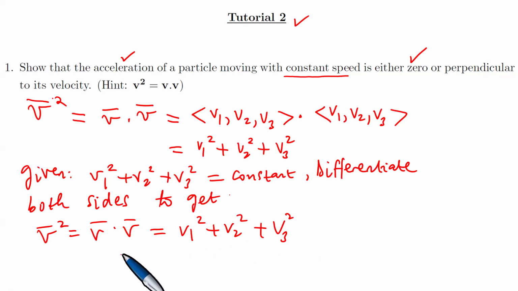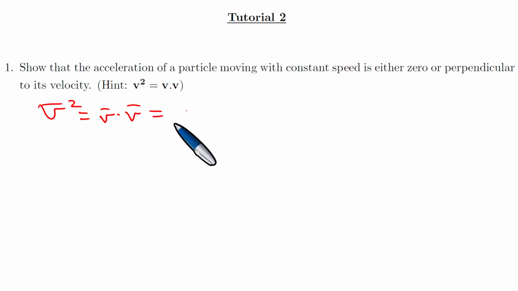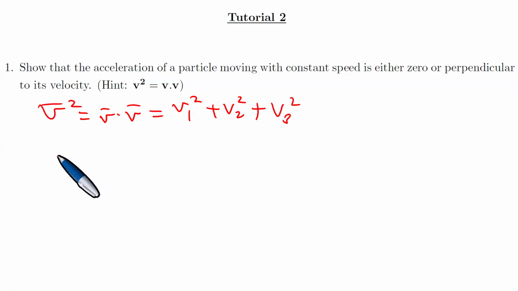That's what we got, and we want to find the derivative of this, which is essentially the derivative of both sides. In other words, V squared is V dot V, which is actually V1 squared plus V2 squared plus V3 squared.